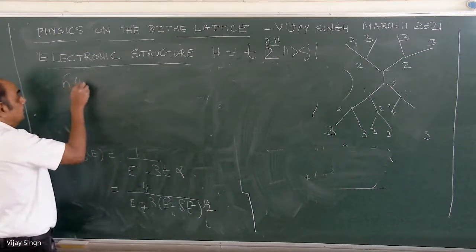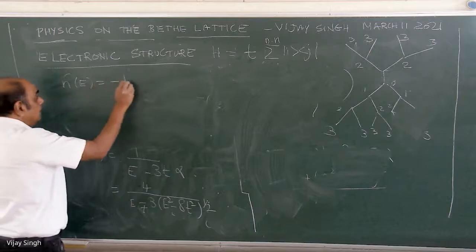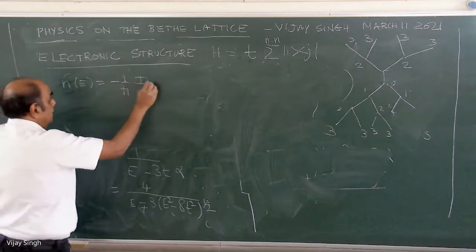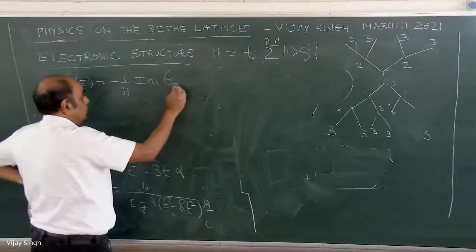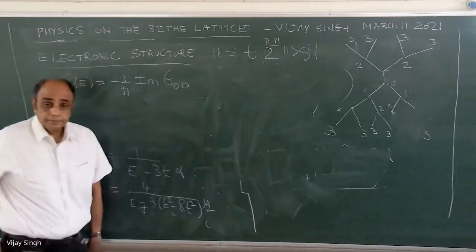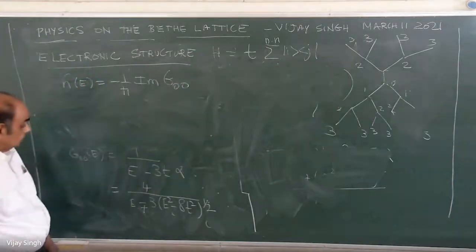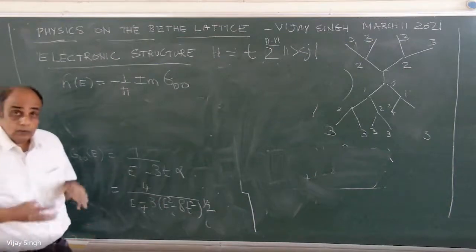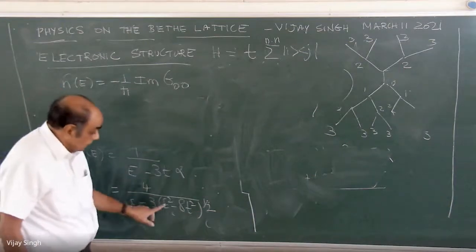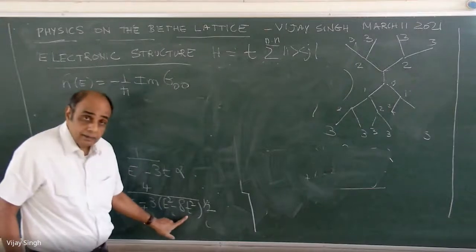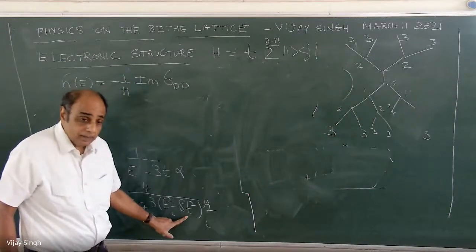Density of states is equal to minus 1 over pi, the imaginary part of G00. So now I'm after the imaginary part. What will produce the imaginary part? Only if E is less than square root of 8t. That will produce the imaginary part.